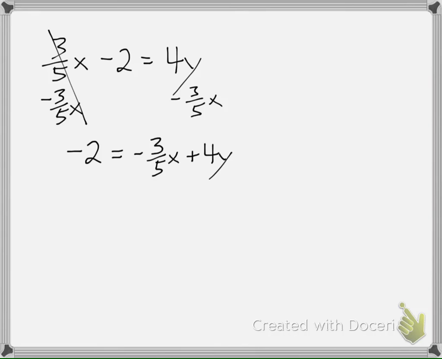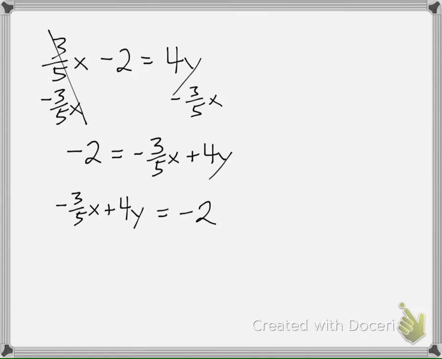Now technically, since we want it in standard form, you can rewrite it as negative 3/5 x plus 4y equals negative 2. That way it's x, y, and c on the right-hand side. Okay?